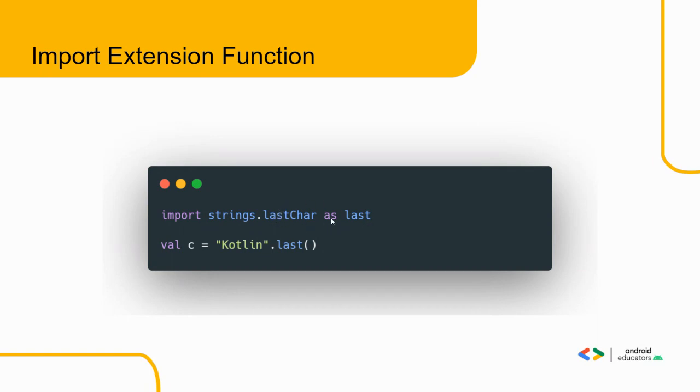This is the advantage of using the as keyword in Kotlin. Let's say you have an overloaded method in a different package that also has last char. You can import last char as last, so the function name will be changed. The functionality would be the same, just the function name changes. So you can see the advantage here.